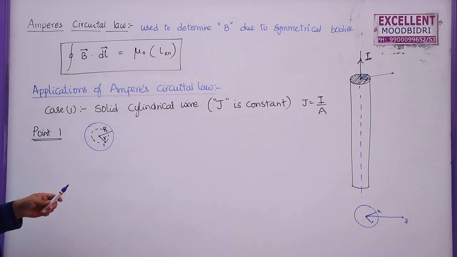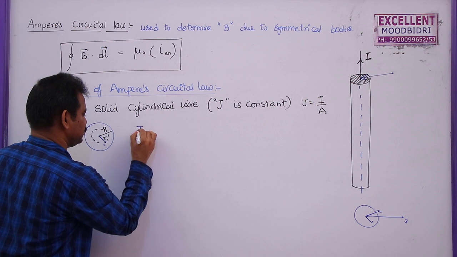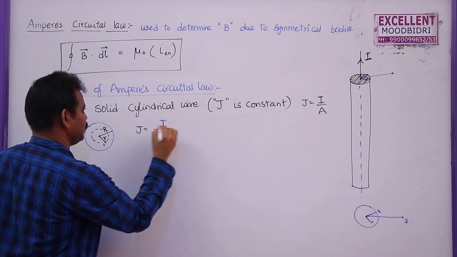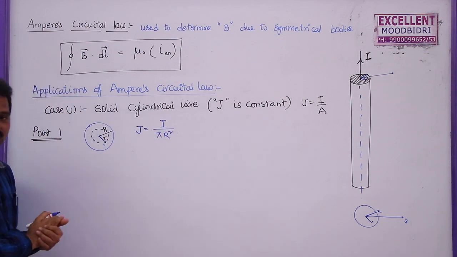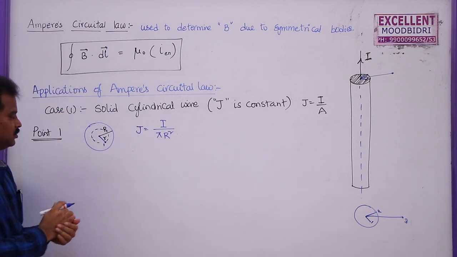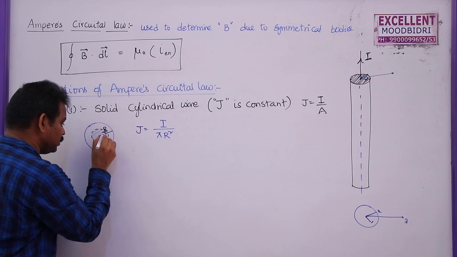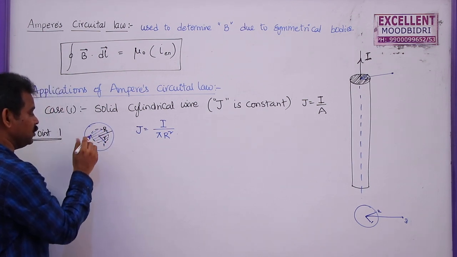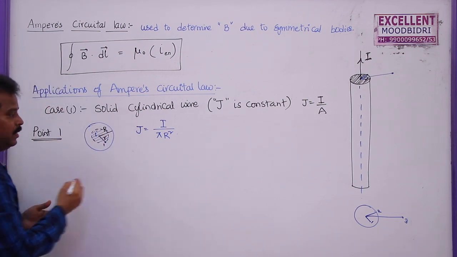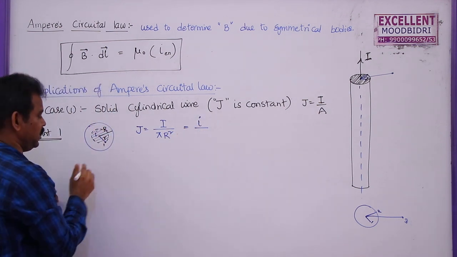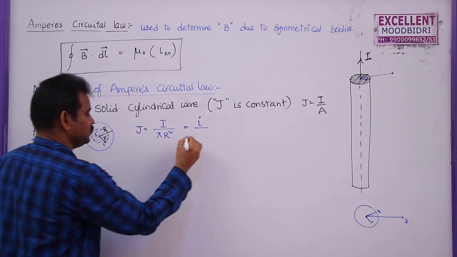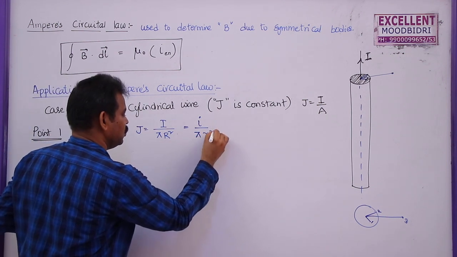So in this case, what is the current density? This is the total current passing through this one by total cross sectional area. So this is I by pi R square. But what is the current that is passing through this inner portion? Let me take a small i. So current passing through the small circular portion is a small i, and the area of this one is pi r square.